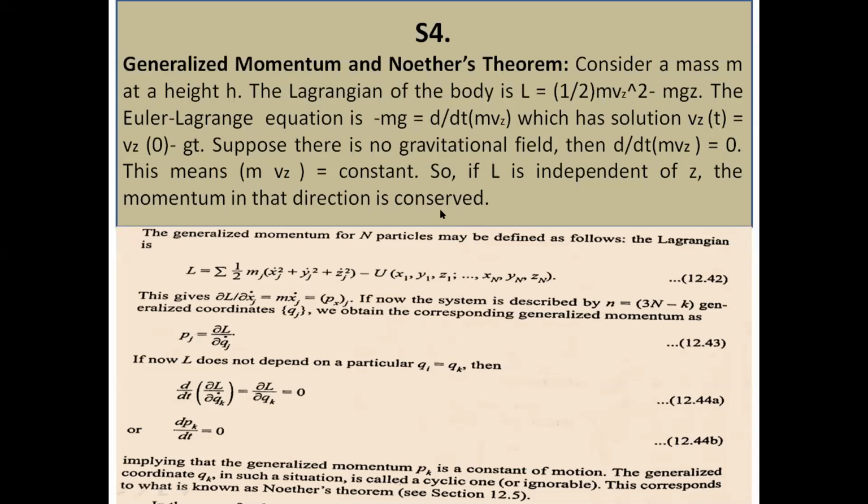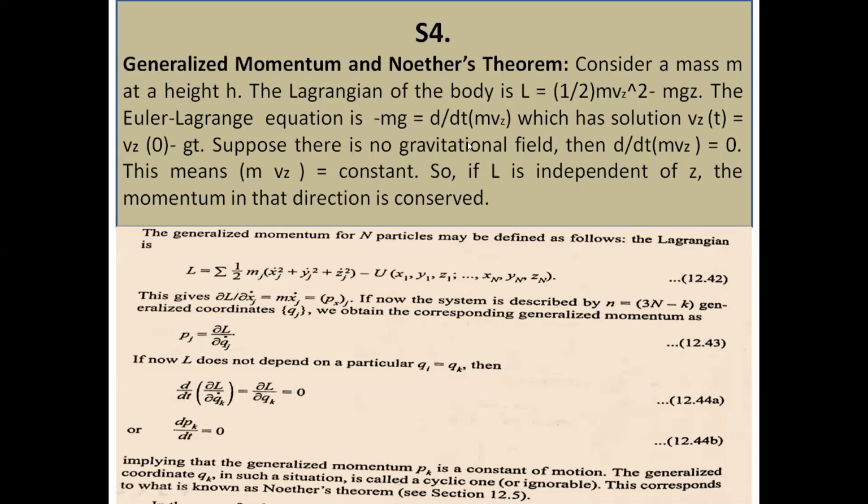And suppose L does not depend on a particular parameter qk, the Euler-Lagrange equation immediately gives me, del L del qk would be 0, which gives me d dt of del L del qk dot equals 0.